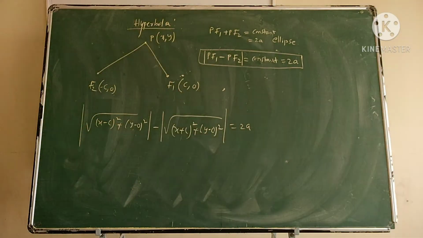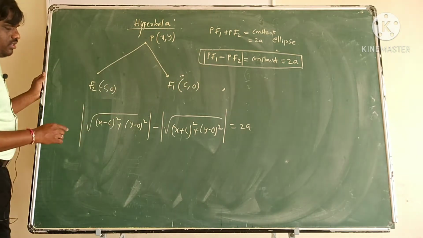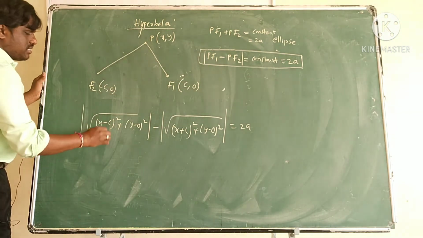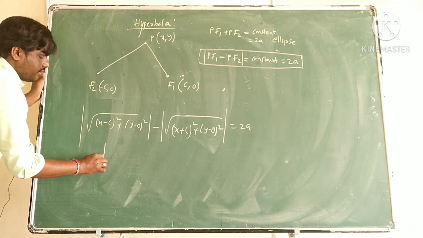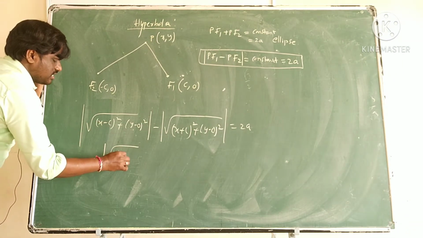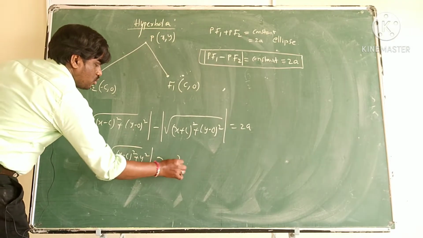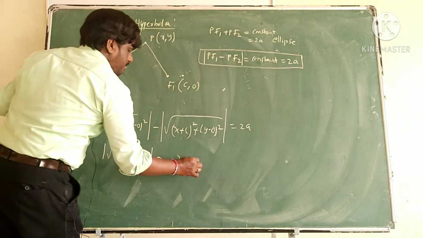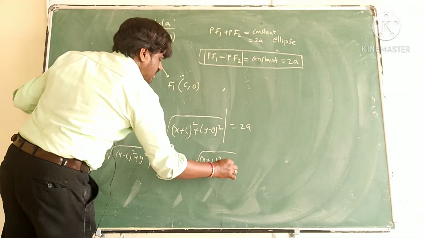And if you simplify this, you can simplify by squaring on both sides. So if you square, then under root of x minus c whole square plus y square is equal to 2a plus under root of x plus c whole square plus y square.